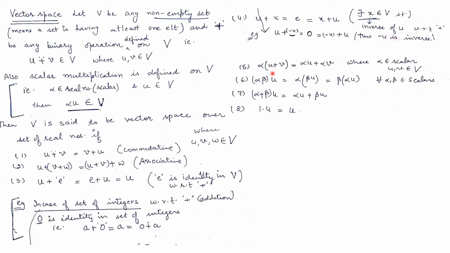So alpha times u plus v should be alpha u plus alpha v. अल्फा बीटा 2 टाइम्स U इज सेम एज दैट, पहले आप बीटा से मल्टीप्लाई करो देन अल्फा से करो, या पहले आप अल्फा से करो देन बीटा से करो, राइट। सिमिलरली अल्फा प्लस बीटा टाइम्स U विल बी सेम एज दैट अल्फा U प्लस बीटा U, and 1 times U is U. So if we satisfy all these 8 properties under the binary operation plus and scalar multiplication, then V is said to be the vector space over the real numbers, right?